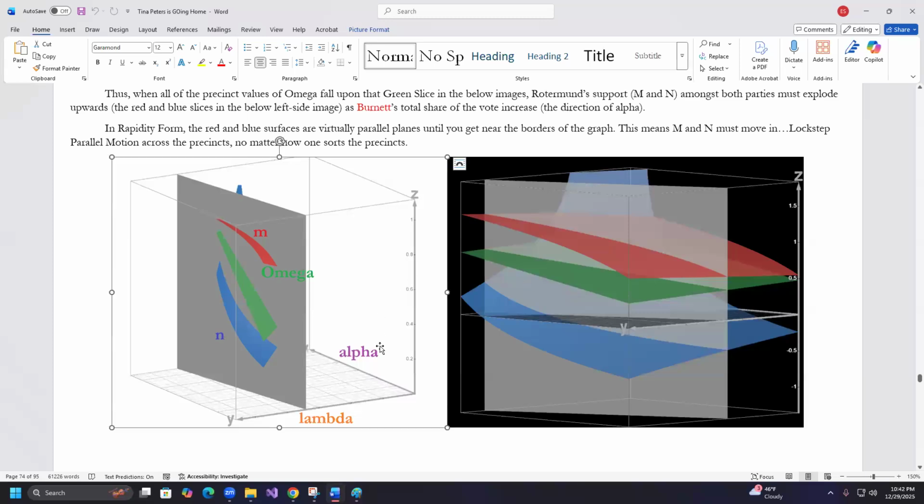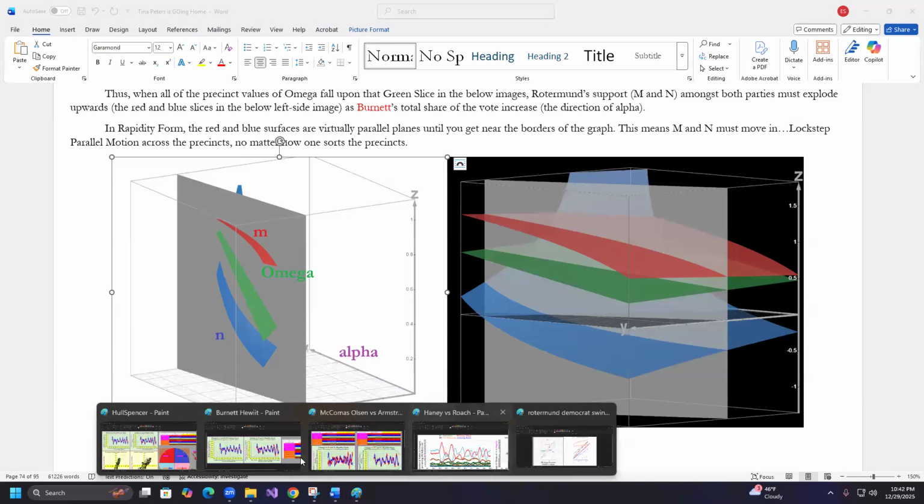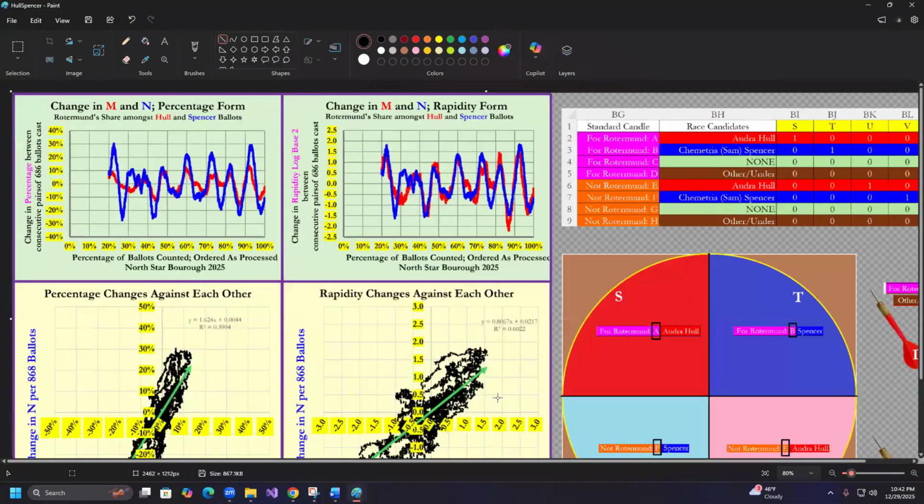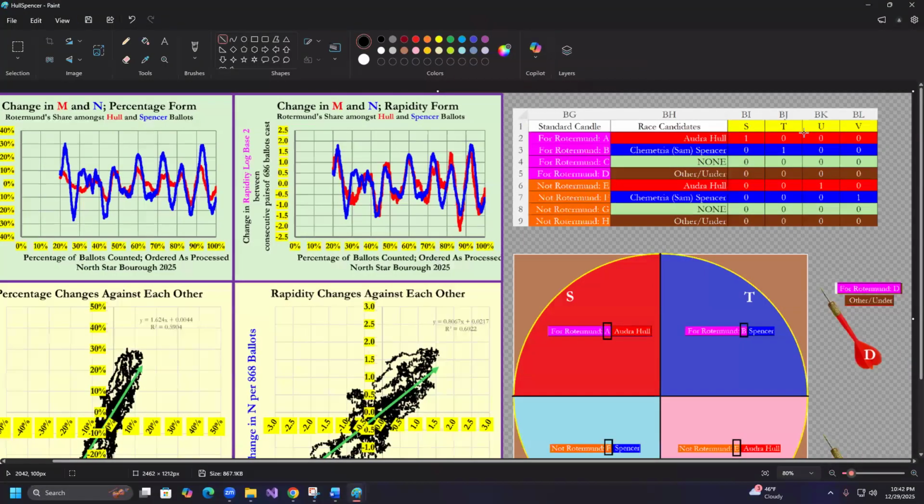What happens is alpha, the x-axis here, is the total Republican performance. Omega is Rotterman's performance. And lambda is this weird ratio. Alpha is S plus U over all the votes, so that's Republican performance.